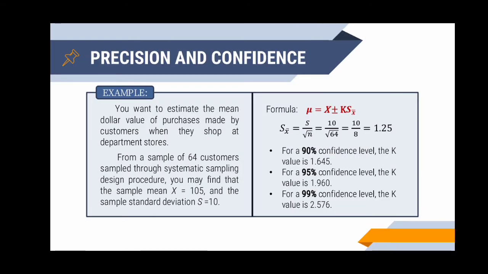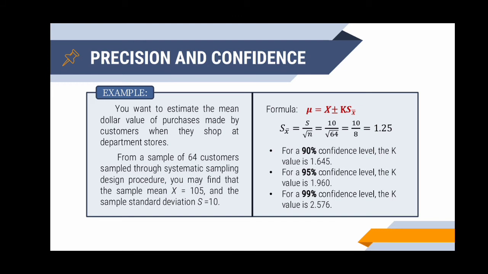Before tayo mag-start sa problem or sa example na nakalagay dyan, bigyan ko lang kayo ng idea when to use Z table and T table. As per my research, we normally use T table when the sample size is small and yung kino-consider na small dito is less than 30.